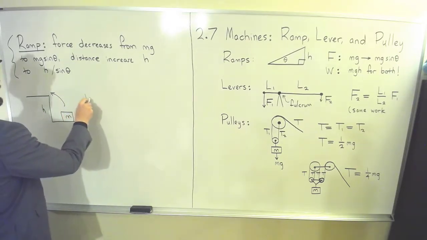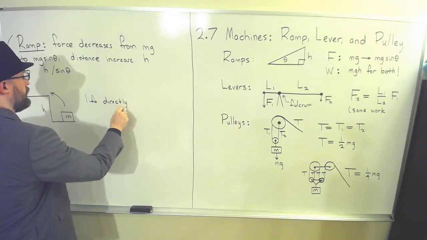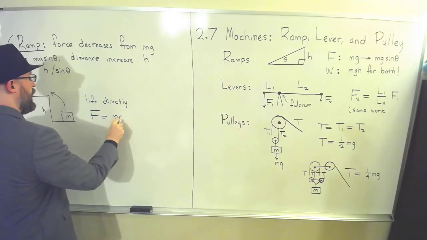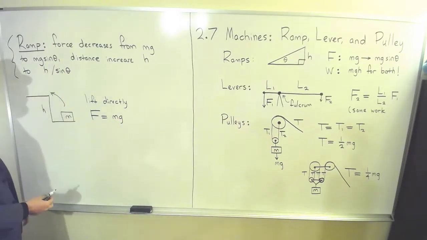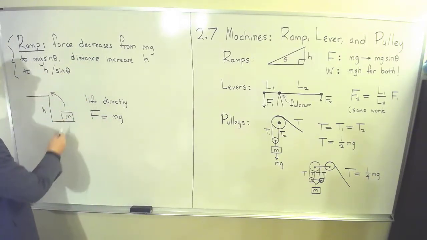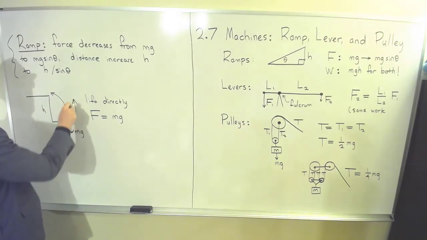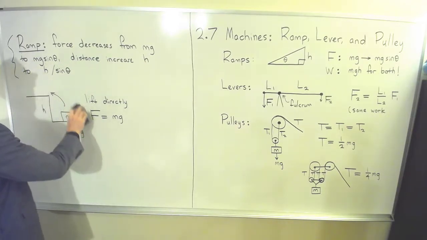And if you lift it directly, the force that's required is mg, because that's the force that's necessary to cancel out the force due to gravity. The downward force on this is mg due to gravity, and so you need to be able to overcome that force by exerting the same force upward in order to lift it.